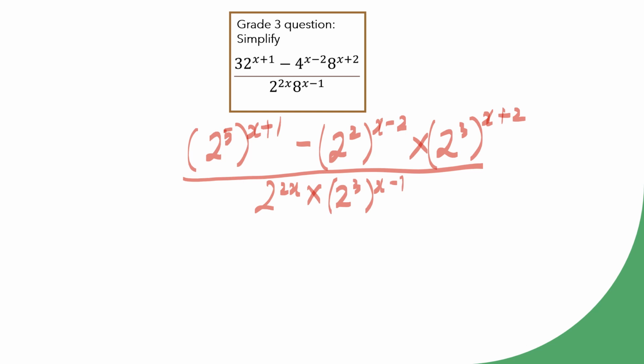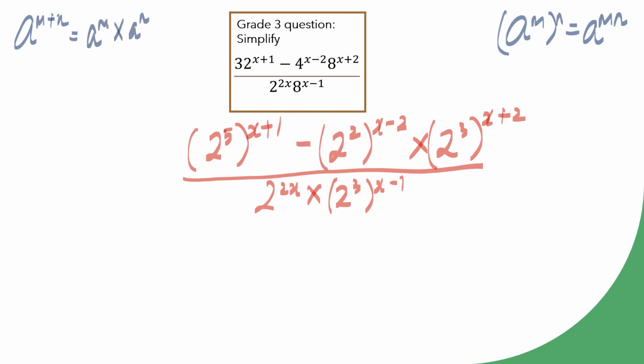Okay, so here we have to apply another rule, this one here. So far, what are the few rules that we have applied? The very common one would be this one here. And then we have a to the power of n if you have the same power but different base.